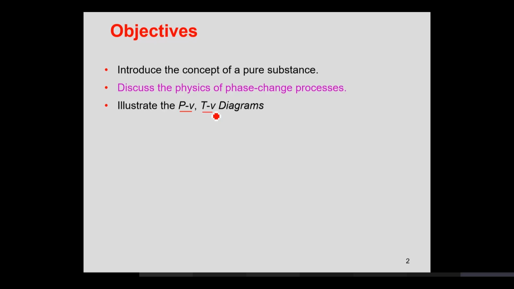So everywhere on the P-v and T-v diagrams you have a representation of states of a system, and any change in the state of the system could be represented by a PV diagram or a TV diagram.